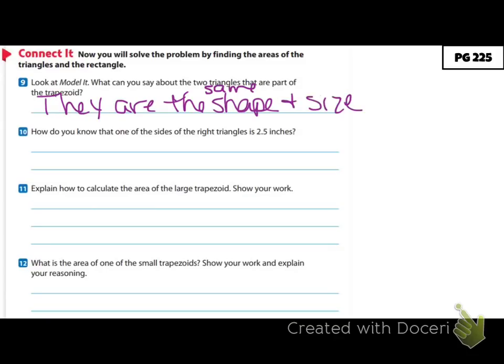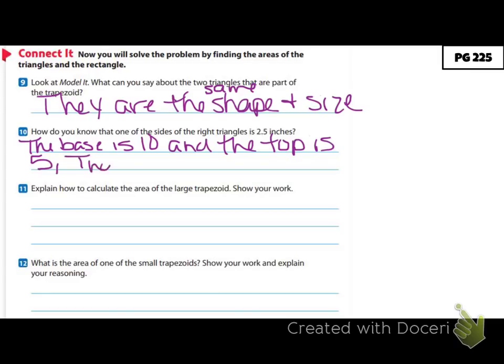Number 10, how do you know that one of the sides of the triangles is 2.5 inches? Well, we kind of talked through that earlier. The base is 10, and the top is 5.